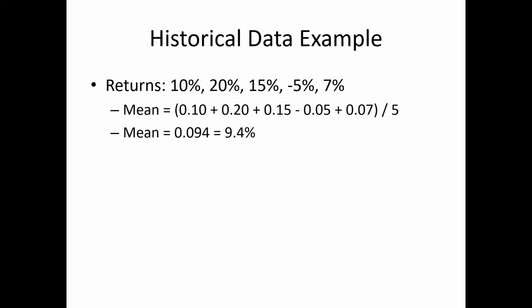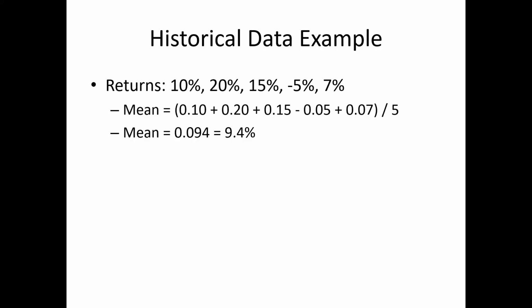So let's use historical data. Imagine you want to invest in a firm, and you are doing the assessment, and you were told that their return for the last 5 years was 10%, then they had 20% for the last 4 years, last year was 15%, the year before was 5%, this year they made 7%.